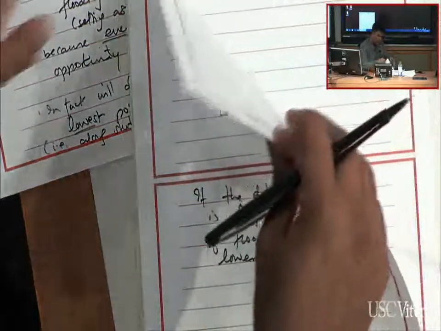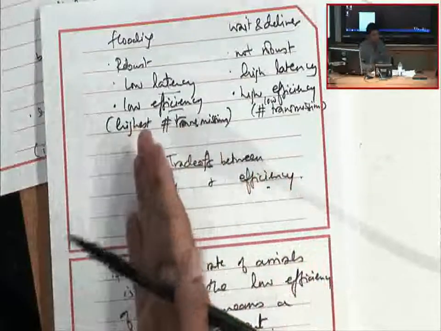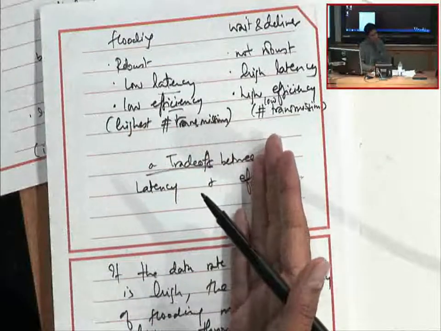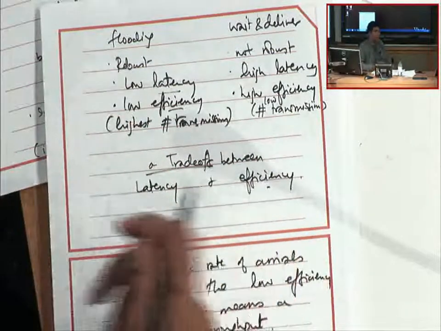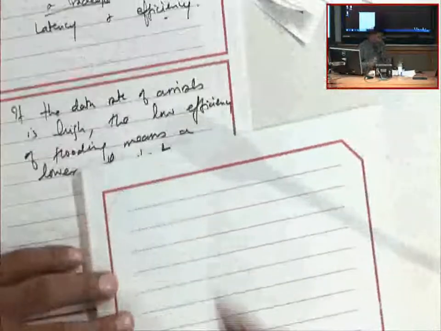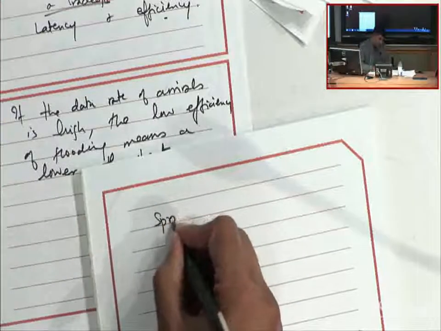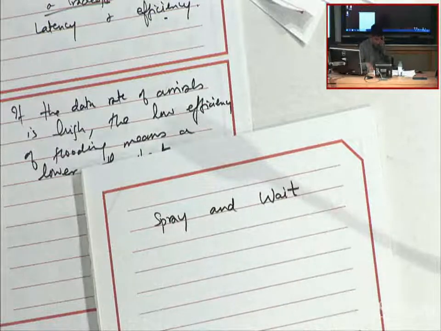Okay, so what researchers found when they were looking at this trade-off is that maybe there's a way that we could improve by picking something that isn't quite as extreme as wait and deliver, but isn't quite as inefficient as flooding either, but somewhere in between, or maybe better yet, a way to tune between these two mechanisms. And such a protocol is called spray and wait. And in fact, this was developed right here at USC.